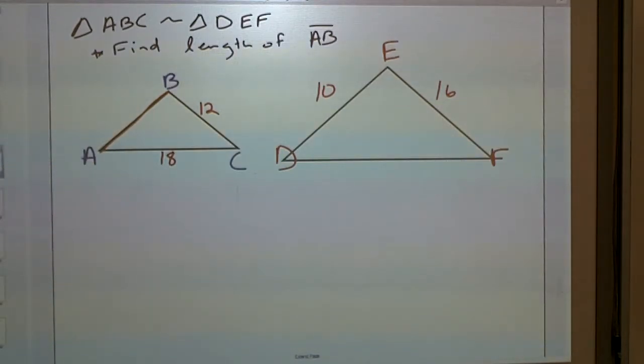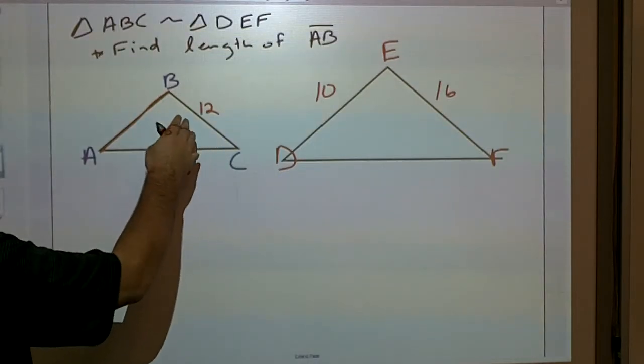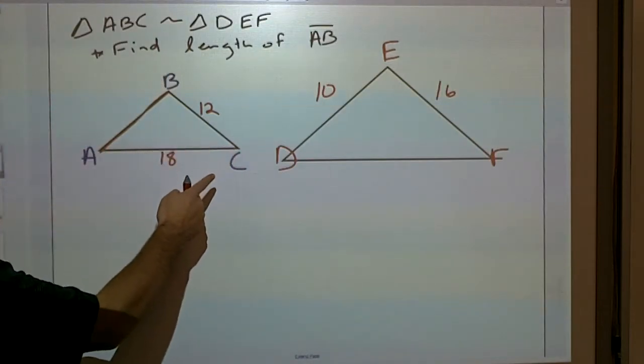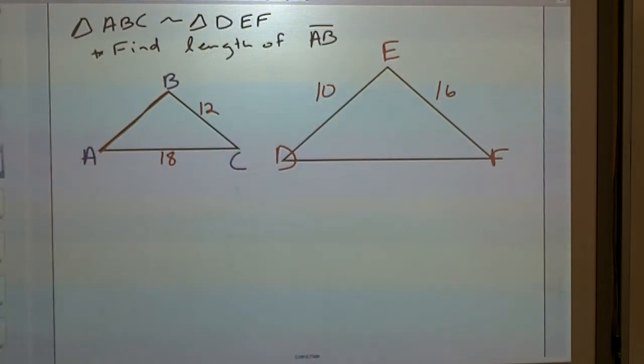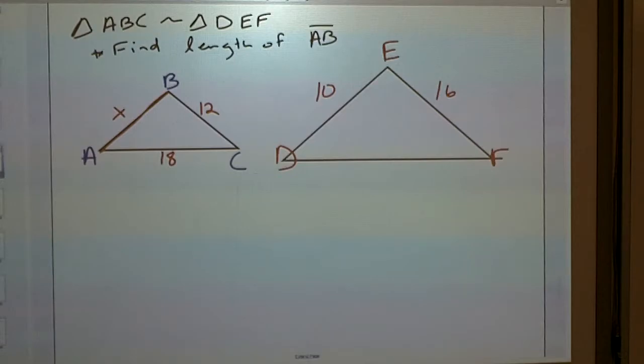Alright? And we can basically use any side lengths that have the exact same corresponding sides in both figures. So in this one, BC and EF, those are two corresponding side lengths. We're going to use that since the ratio of the side lengths is proportionate. Okay? So we're going to just call this value X.